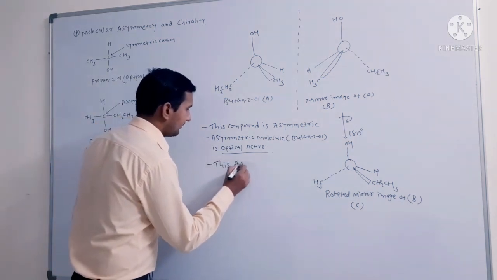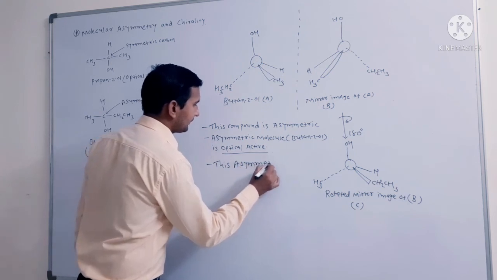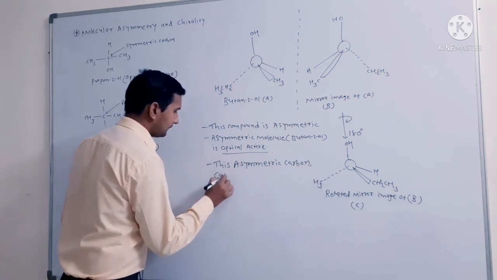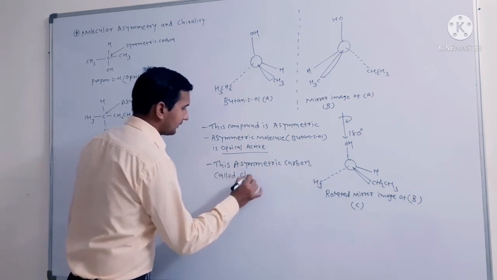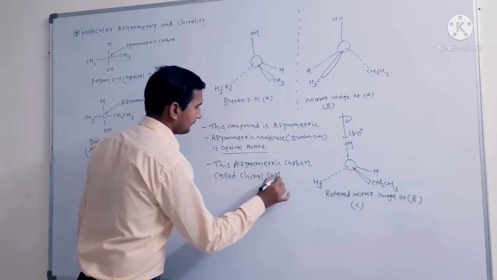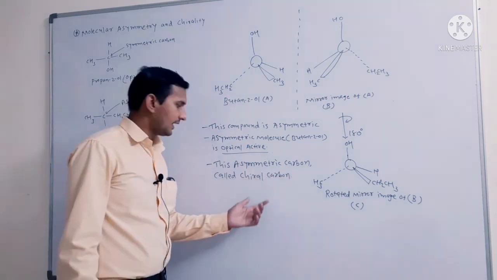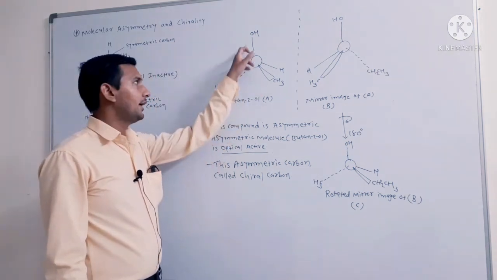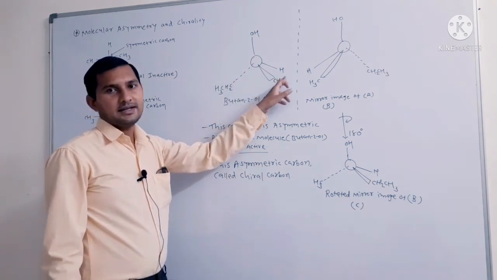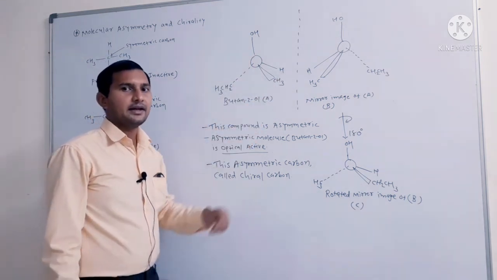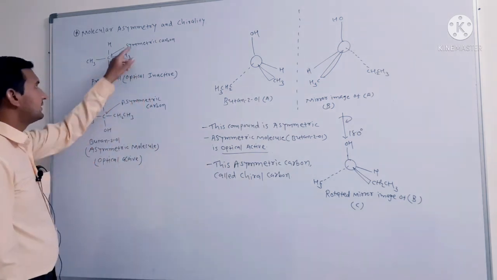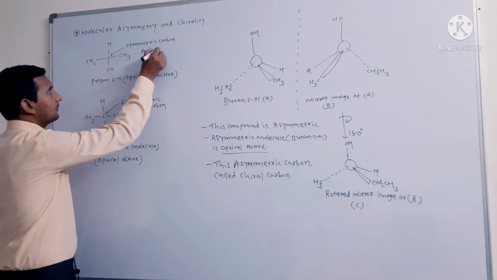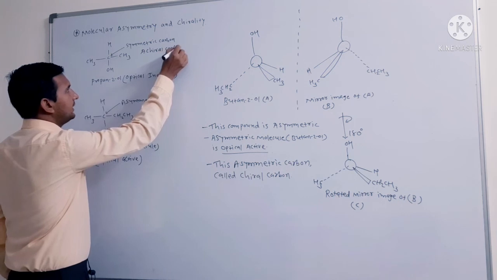So this asymmetric carbon is called chiral carbon. We can also say chiral, right? This carbon is a chiral carbon because it has different groups in the tetrahedral structure. In the case of propan-2-ol, this symmetric carbon is achiral. This is an achiral carbon. Why is it achiral?